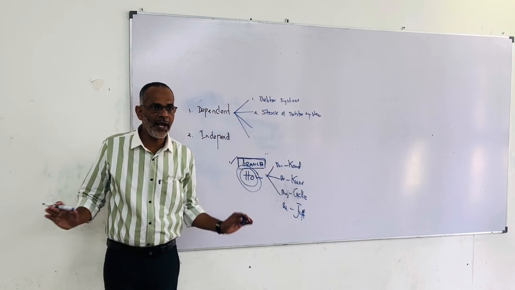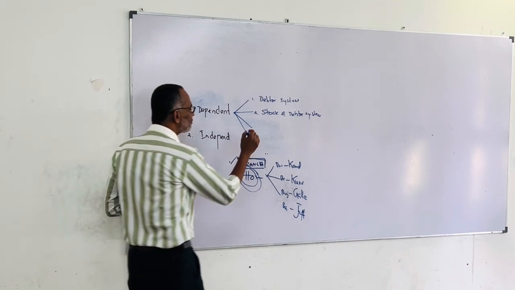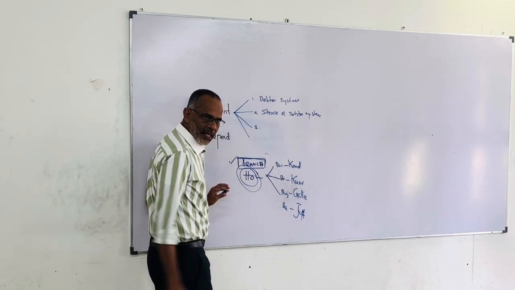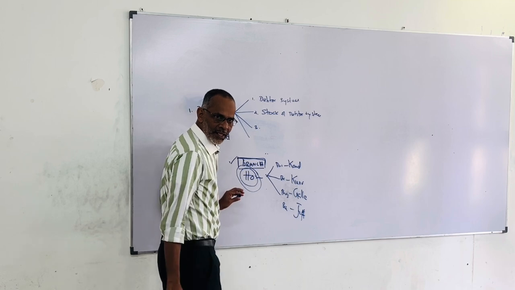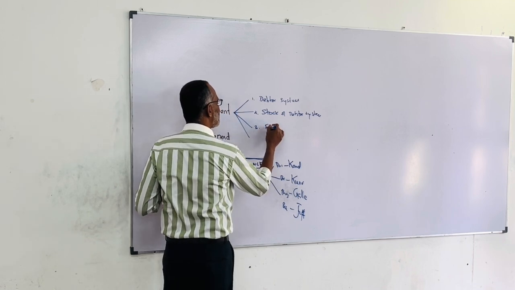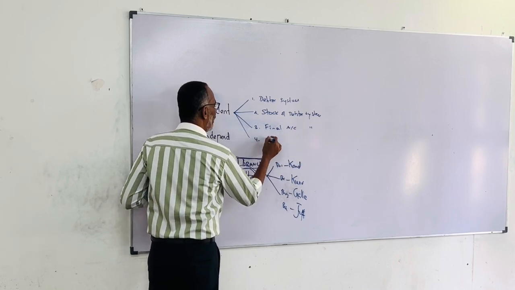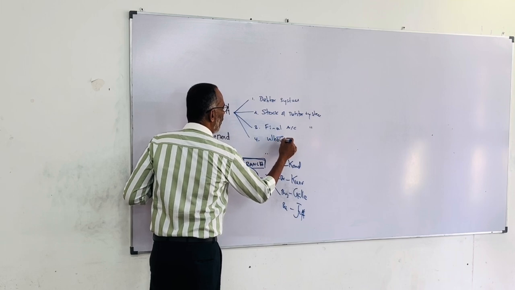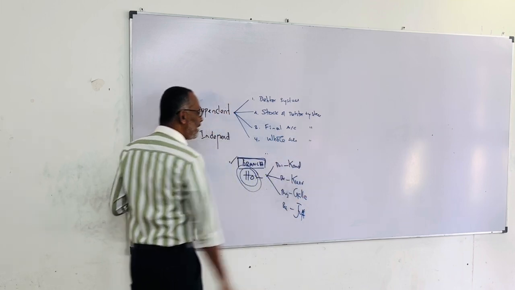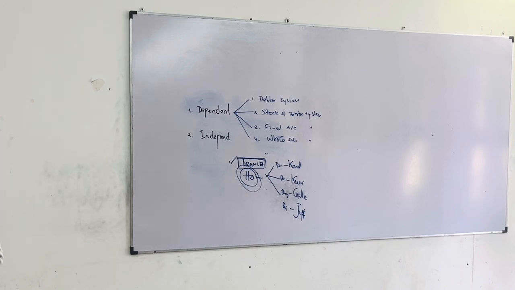Number two, stock and debtor system. Third one is the final account system. The fourth one is what system? Wholesale system.